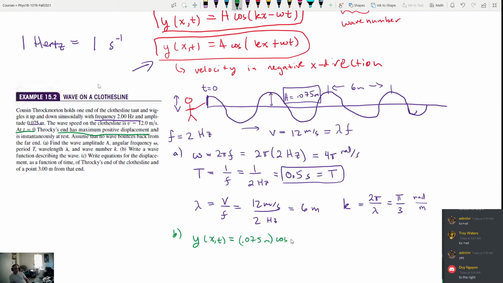Okay, so A cosine of, and then we put kx, so k is pi over 3 times x, put some parentheses in here, minus omega times t, and omega is 4 pi radians per second, so this is going to be 4 pi times the time, and that's it.